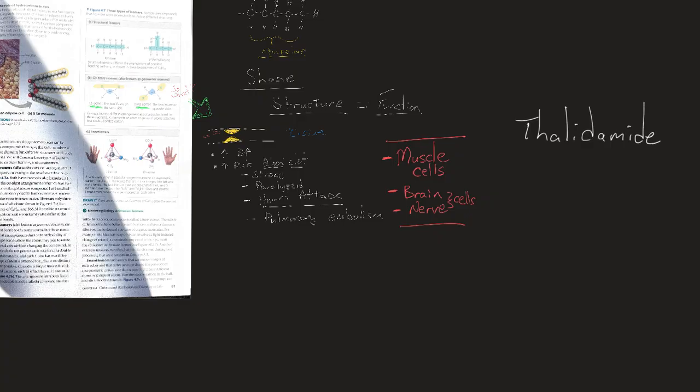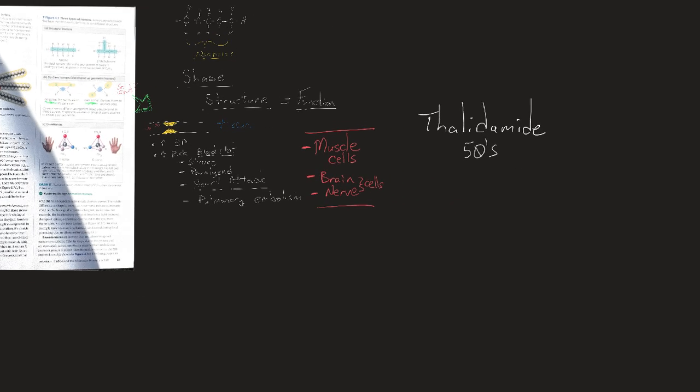Thalidomide was used in the 50s to help ladies that were pregnant deal with morning sickness, and it worked. The problem was that there were two isomers. One isomer meaning they're made of the same atoms, right?